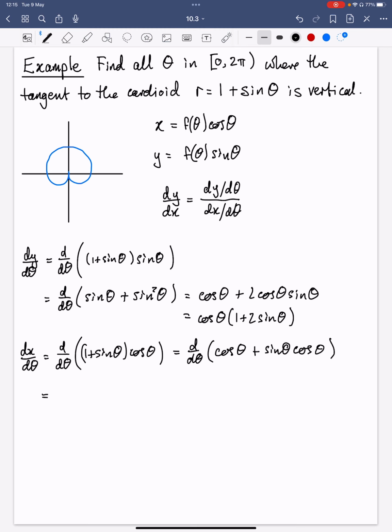Okay, so now I have a product rule in the second term, so it's going to be negative sine theta, then plus, differentiate the sine, I get a cosine, so cosine squared theta, and then minus sine theta where I differentiated the cosine. Again, I'm going to want to solve for zero, so factorization is a good idea. Let's switch all to sines and then solve it as a quadratic. That's the technique if I see a square there, something like this.